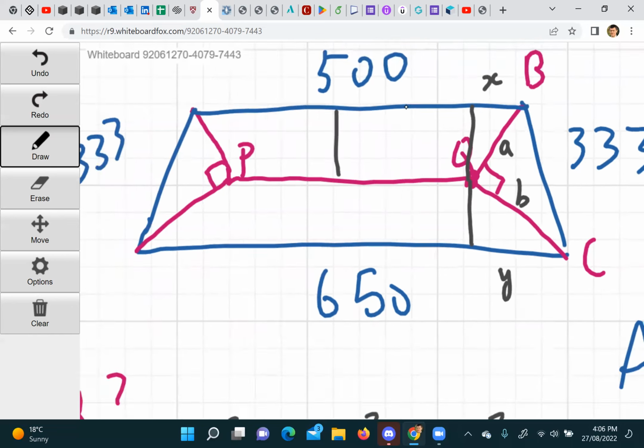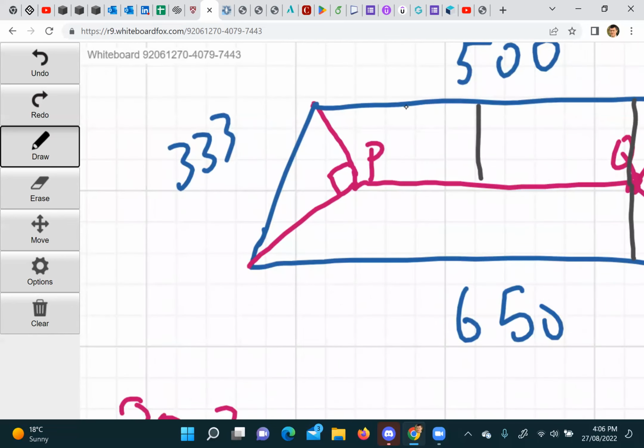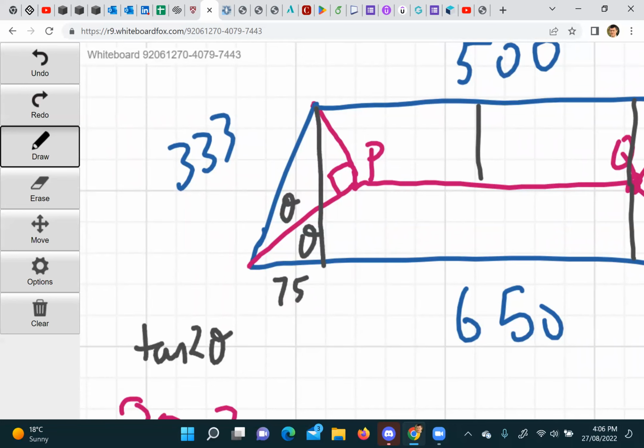Another idea which involves trig is if this is like theta and this is theta, right? You have that this is like 75 here. You have tan 2 theta equals h on 75, right?